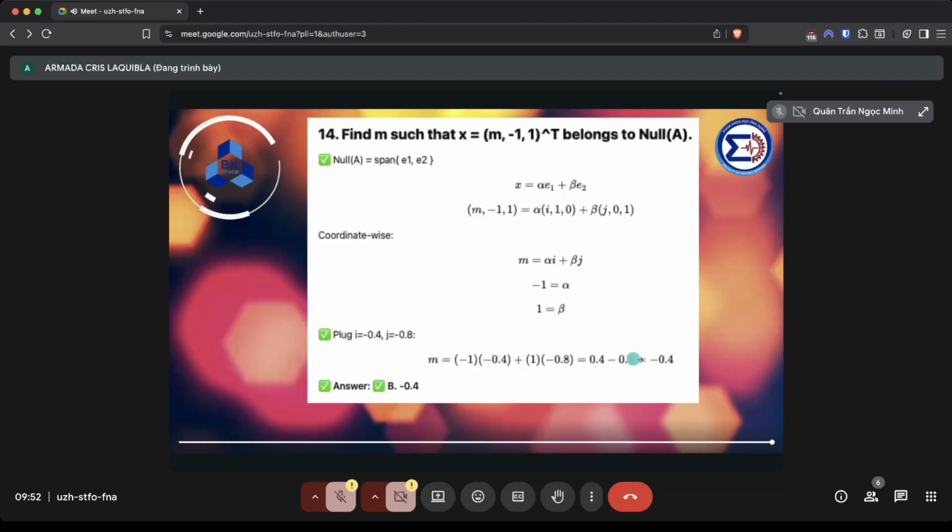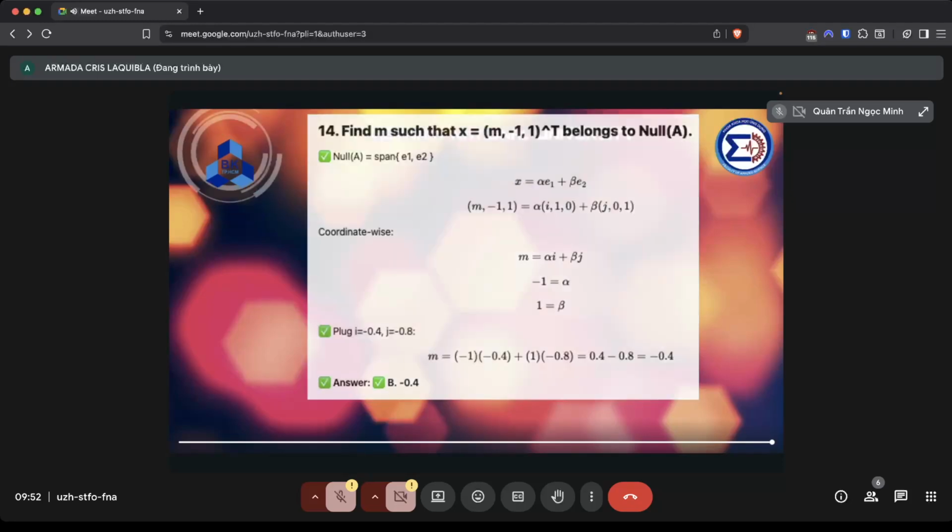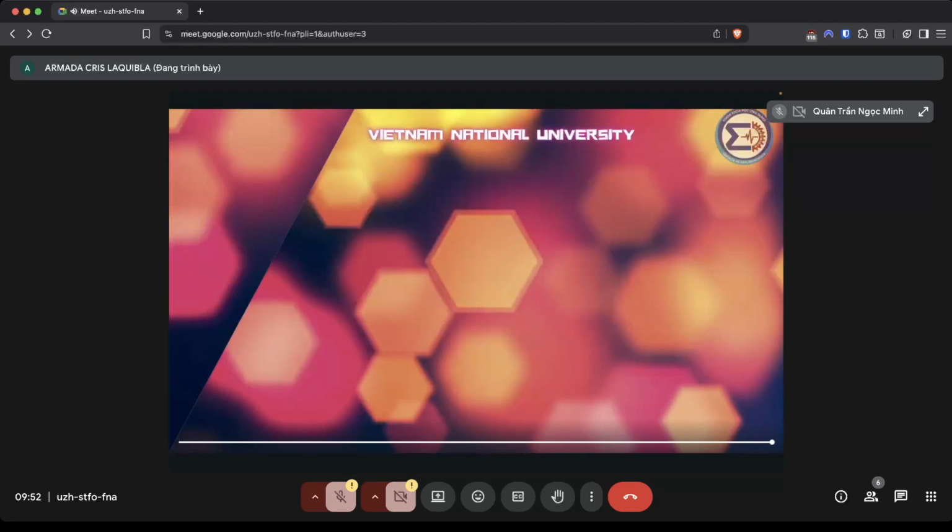And solving that, the answer is negative 0.4, and that is letter B there in the choices. So here, class, in answer number 14, they use again the value of their I and j. So number 13 answer is very important. Next, number 15. Question.